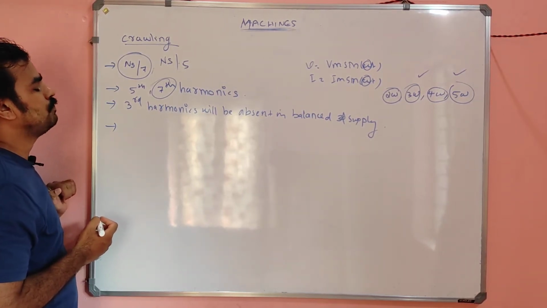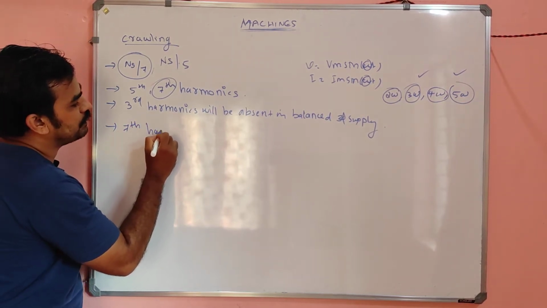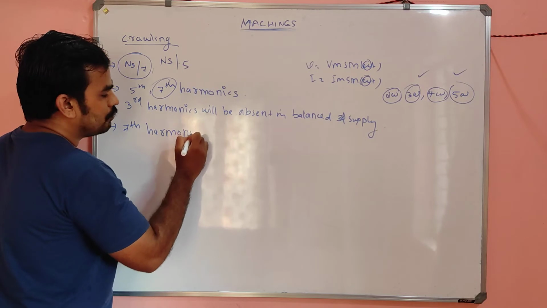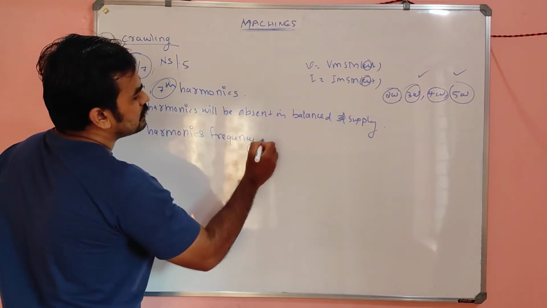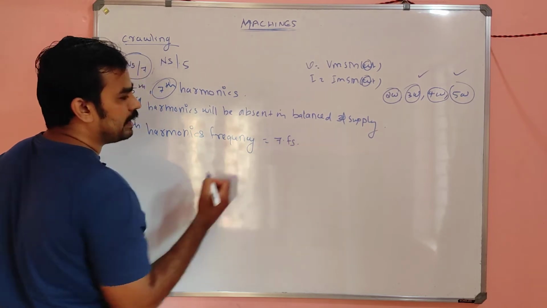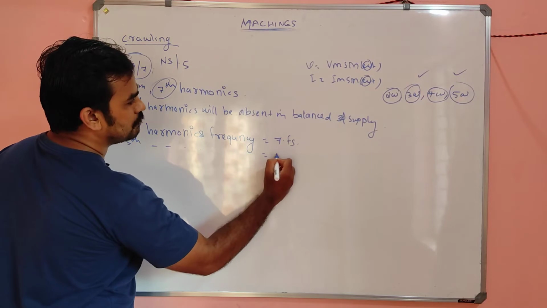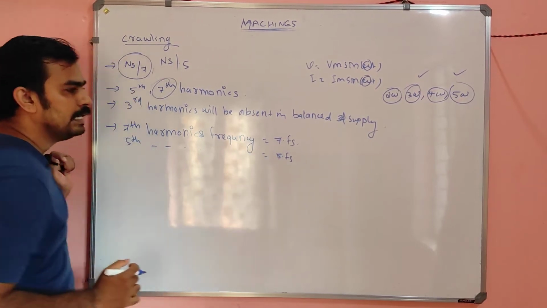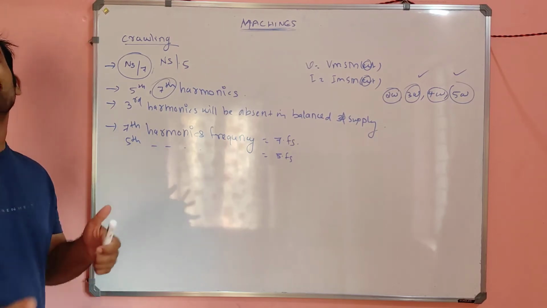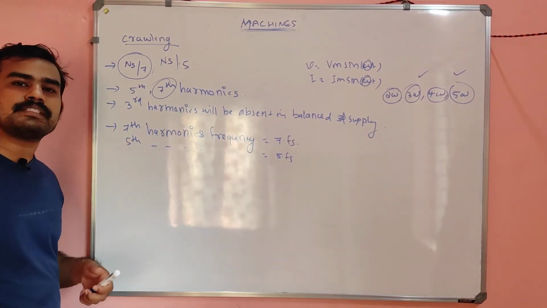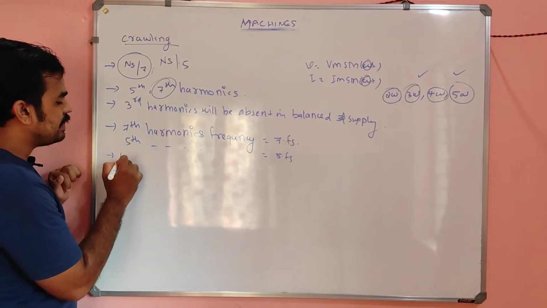First of all, the 7th harmonic frequency is 7 into Fs, where Fs is the supply frequency, and the 5th harmonic frequency is 5 into Fs. That means the fundamental wave frequency is multiplied by those multiples. The 7th harmonic means the 7th multiple, and the 5th harmonic means the 5th multiple.